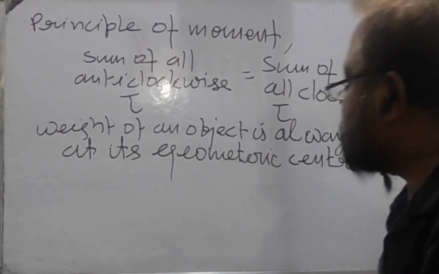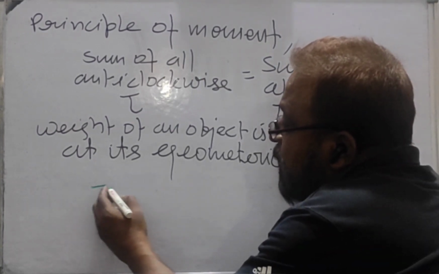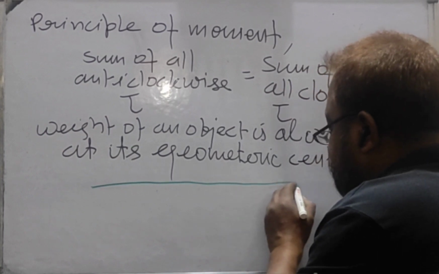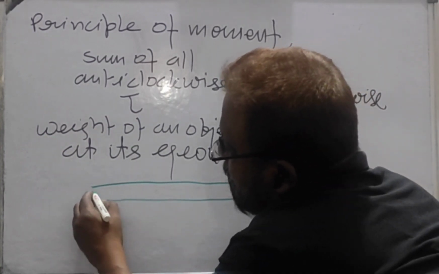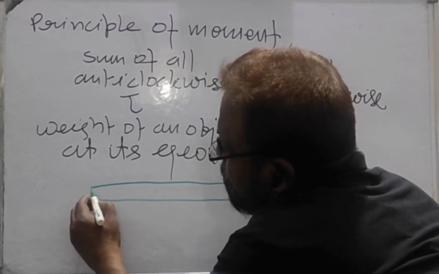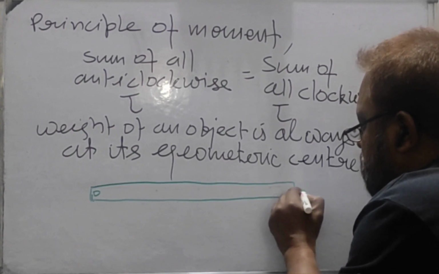Means if there is a meter scale, 1 meter is having 100 centimeters, right? So this is a meter scale. It is starting from 0 and going to 100, right?